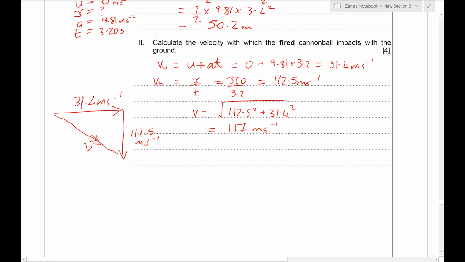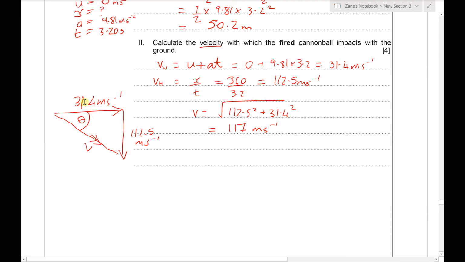Now, a lot of students would again finish at this stage, but we've got to remember that velocity is a vector. So I'm going to add an angle theta to the diagram here. To me, this makes the most sense because it's the angle between the initial velocity and the final velocity, and I'm going to calculate that using a bit of trigonometry. In the triangle, we've got an angle, we've got an opposite, and we've got an adjacent, so we can use tan.